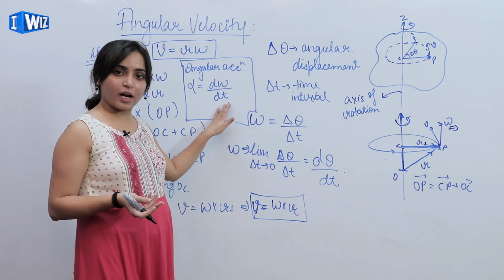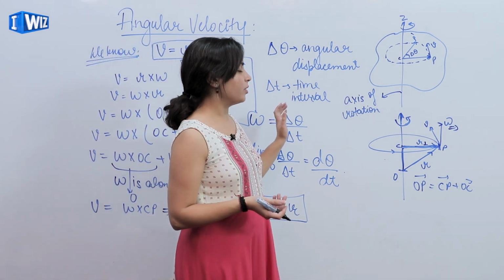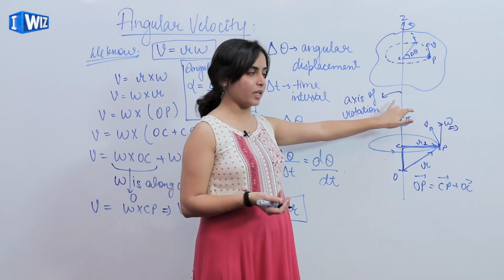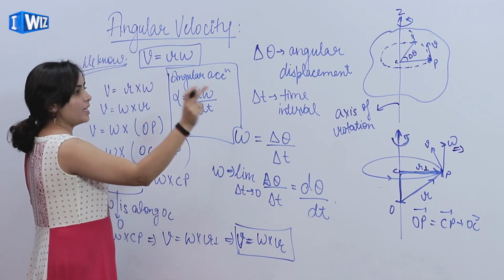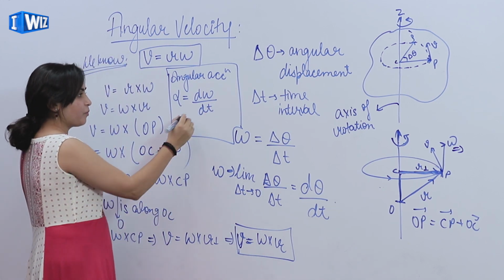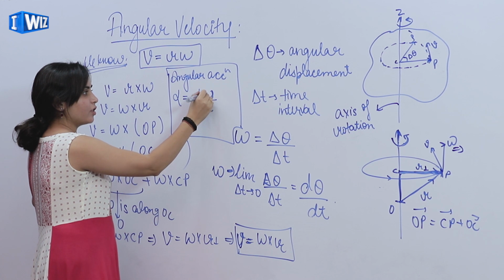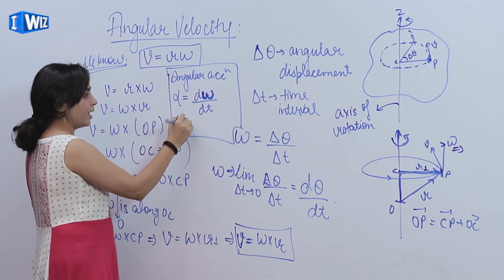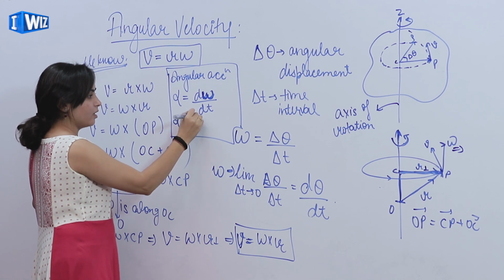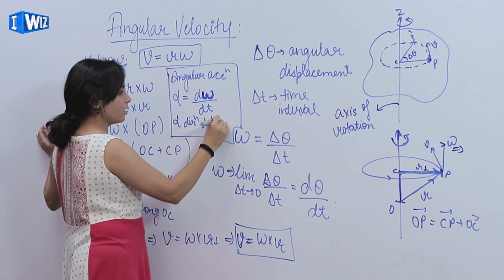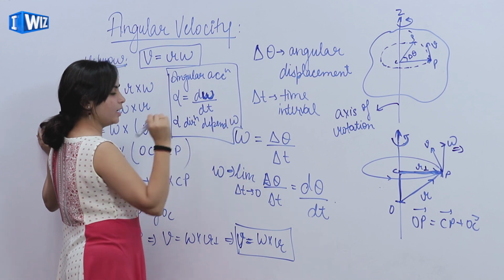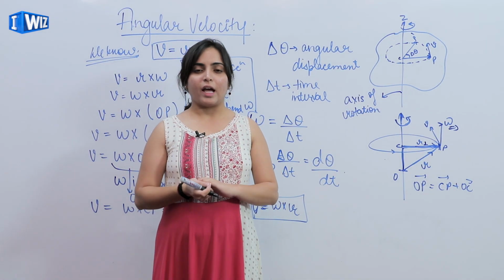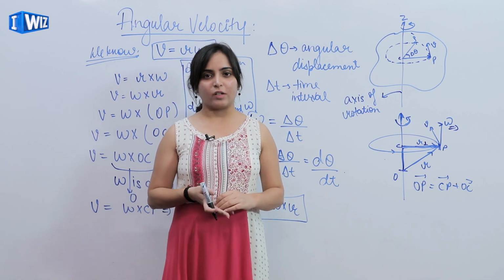Now, as we are talking about pure rotation, where axis of rotation is fixed, अगर हमारी axis of rotation fixed होती है तो alpha की जो डायरेक्शन है वो डिपेंड करेगी ओमेगा की डायरेक्शन पे. So this was all about angular velocity and angular acceleration. We'll see you in the next video.